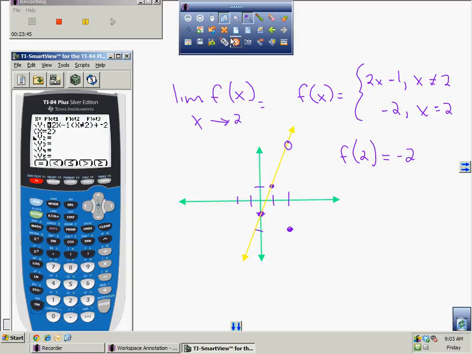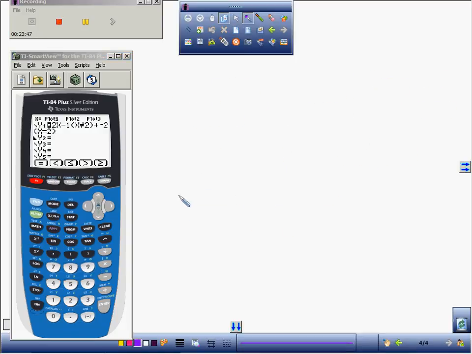What about, let's just look at one more piecewise function and one more rational function. So, another piecewise function is find the limit as x goes to 0 of f of x, okay?